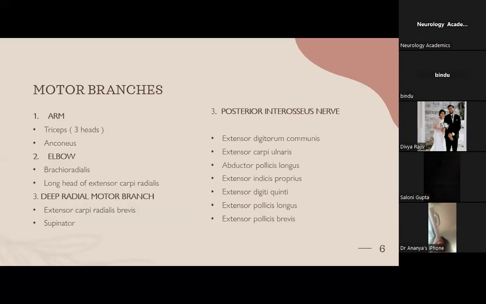After entering the supinator muscle, it becomes posterior interosseous nerve and supplies extensors of wrist and fingers: extensor digitorum communis, extensor carpi ulnaris, abductor pollicis longus, extensor indicis proprius, extensor digiti quinti, extensor pollicis longus and brevis. So the main supply is extensors of wrist and fingers.